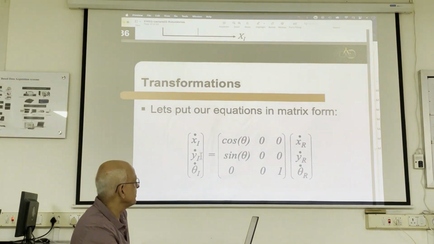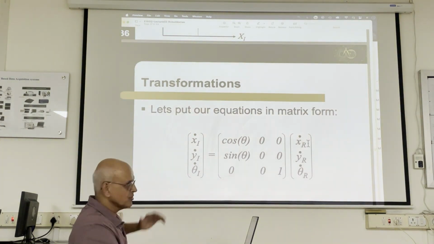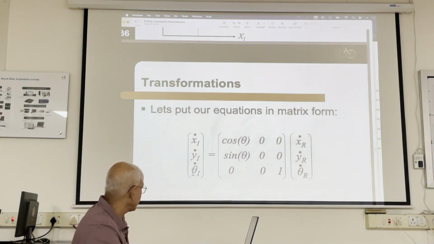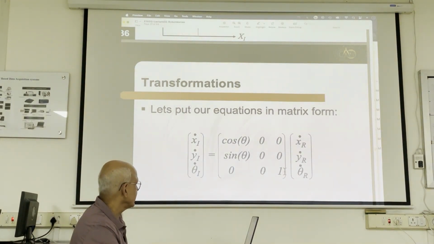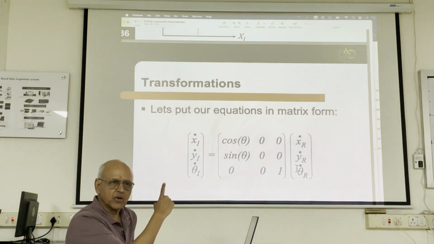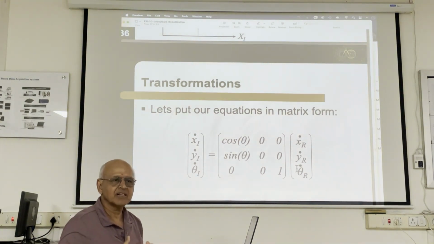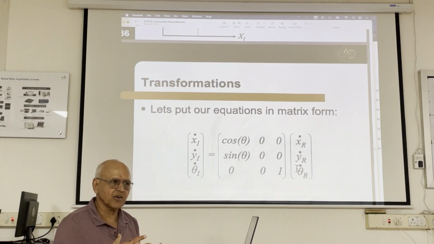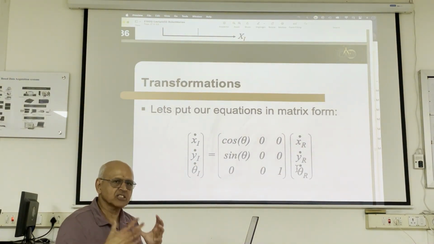First you put the equations in matrix form. So those three equations that you saw, for instance, theta I dot is equal to 0 times this, 0 times this, 1 times this, right? xi dot is cosine theta times xr dot, and 0, 0 multiply these two. Whenever we have more than one equation, it's better to put it in matrix form. See, matrices initially are just a way of organizing data.